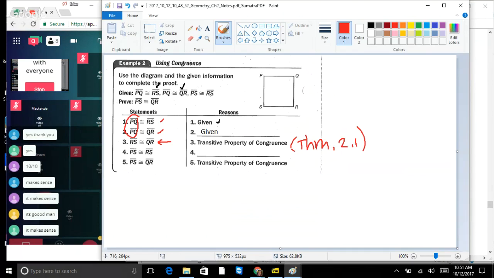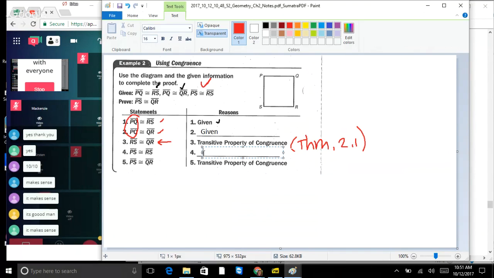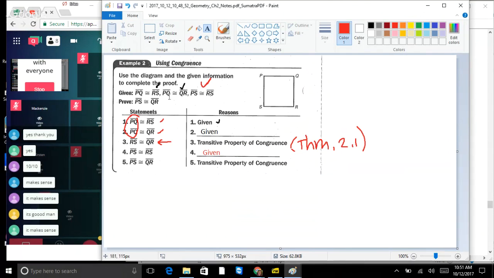All right, so now we have line segment RS is congruent to line segment QR. Now we have PS is congruent to RS. So we're going back to our given statements and putting another piece of information in here. This is also given to us. Since they gave us 3 pieces of information, we should have 3 givens here.